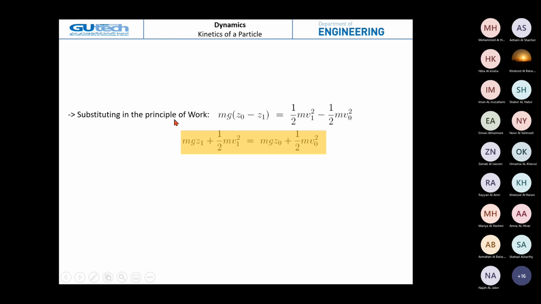Now, substituting in the principle of work, we get the following relation. This is now the potential energy. This is the kinetic energy at time t1, and here the same: the potential energy and the kinetic energy at time t0.